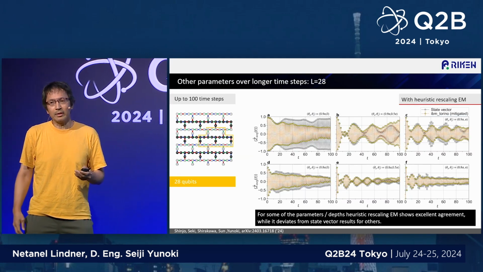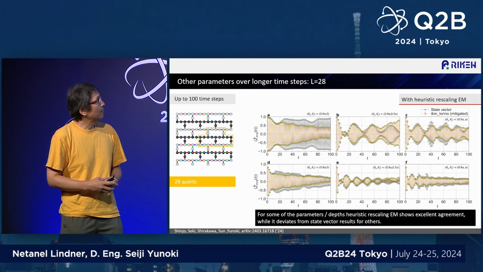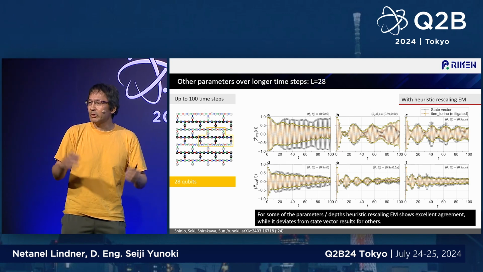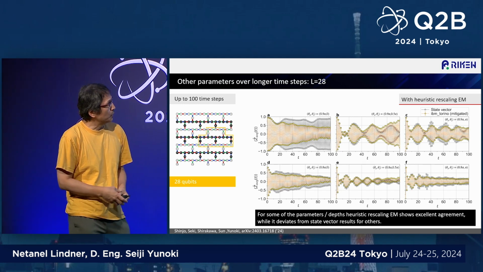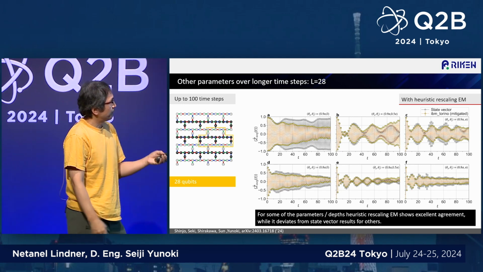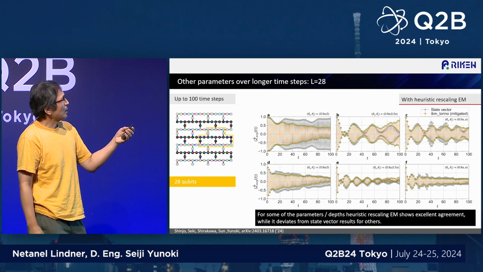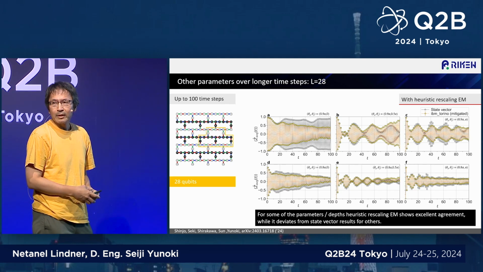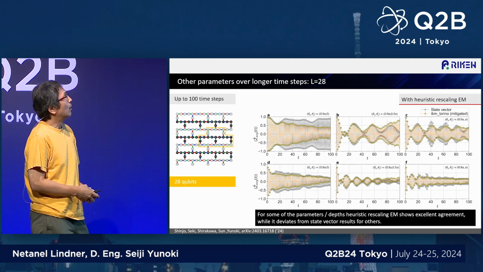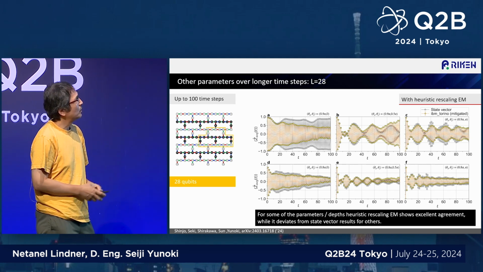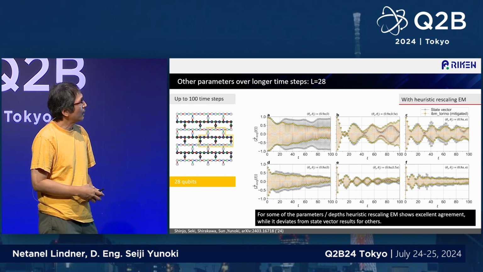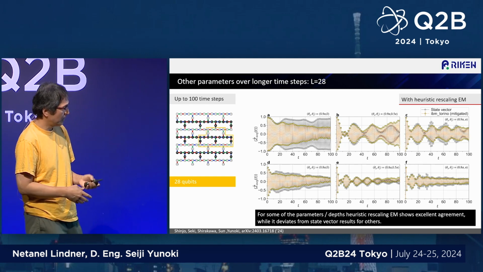However, there are cases where this simple error mitigation method does not work, depending on the parameters and the depth of the circuit that you use. For instance, up there, for this parameter, the disagreement between experiment and state vector method is much enhanced, especially when the time is long enough.